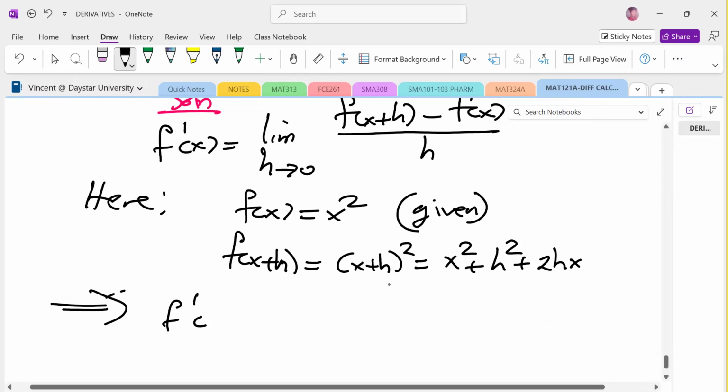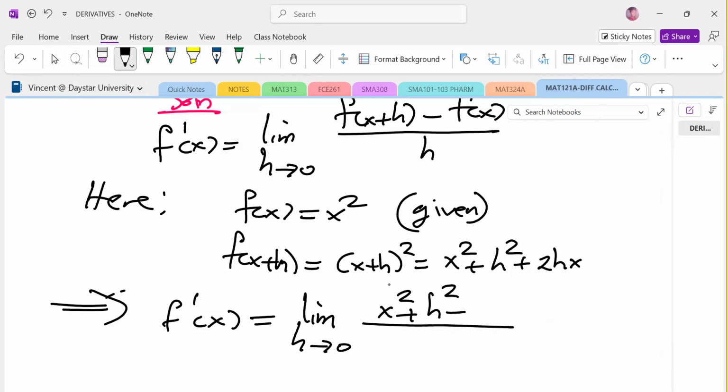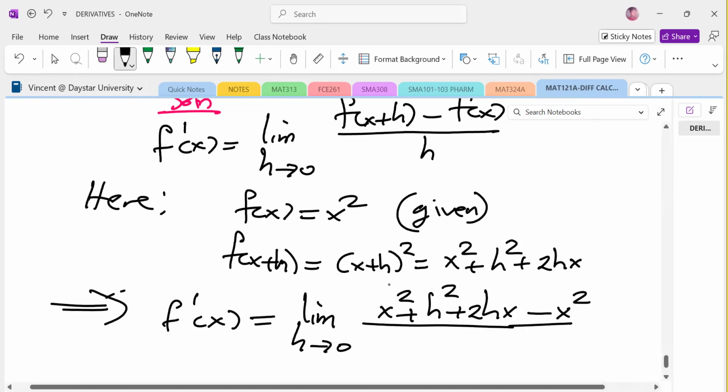So which implies that the derivative will be the limit as h approaches 0 of x squared plus h squared plus 2hx. F of x is x squared, then over h.